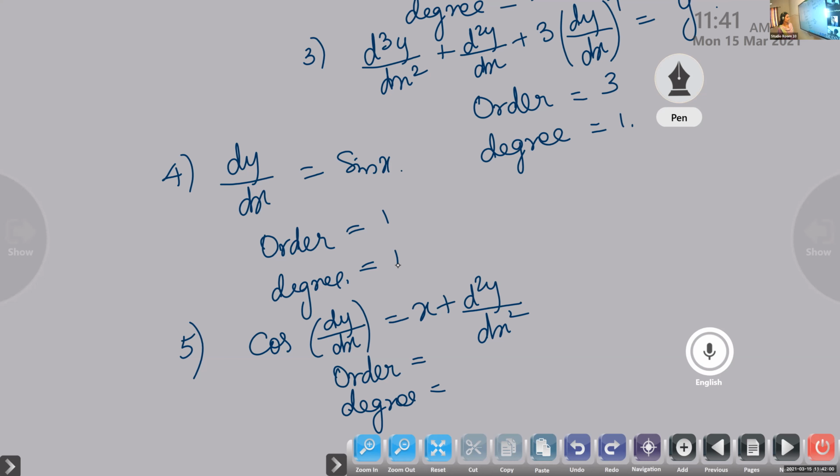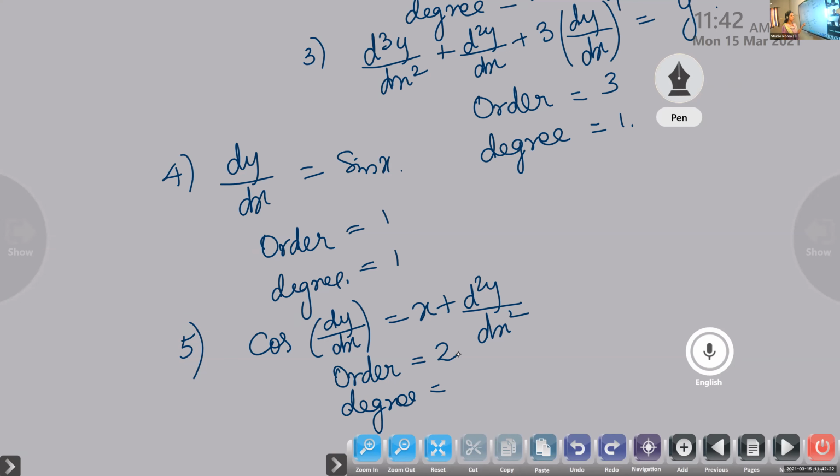Ma'am, the order is 2. Highest order derivative is there, d square y by dx square. What is the degree? Ma'am, 1. Okay. Listen, children, here we have to note this very important point. Look at here.